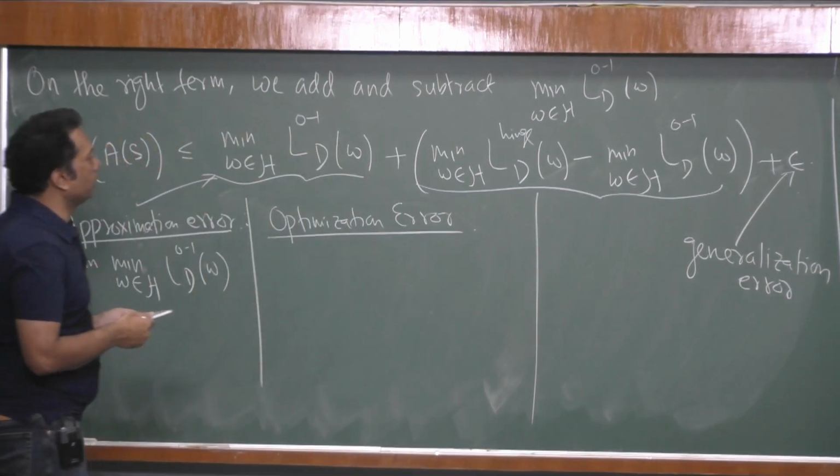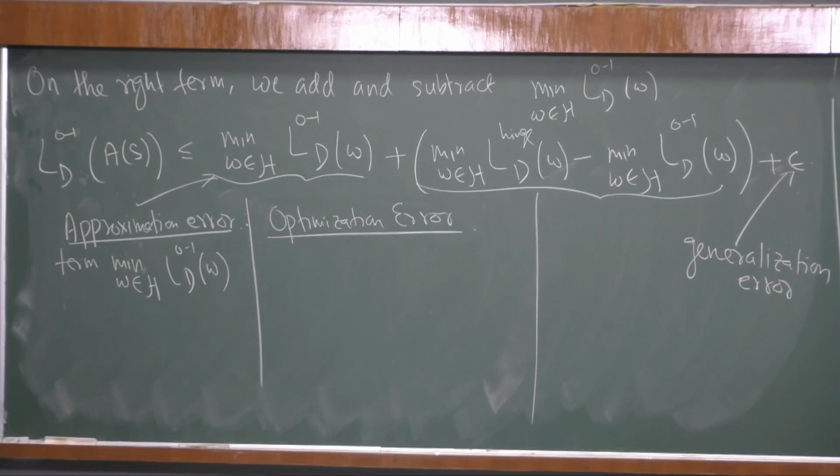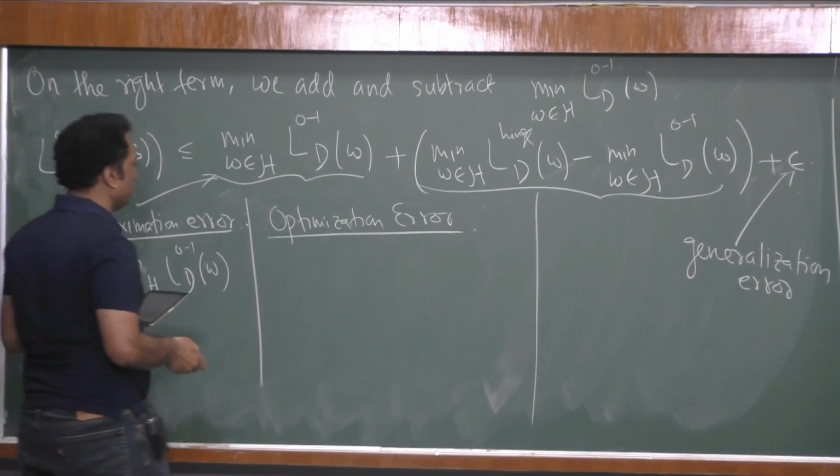In other words, the minima of the L hinge may be found at a different place than the minima of the 0-1 loss, because that can happen.